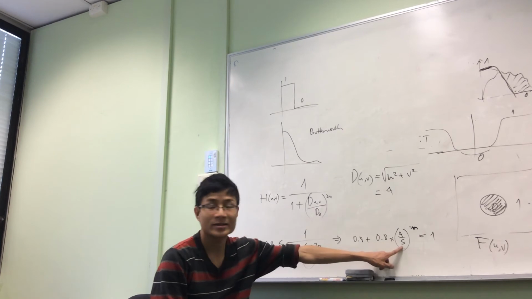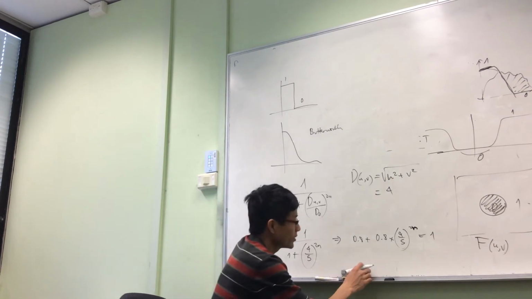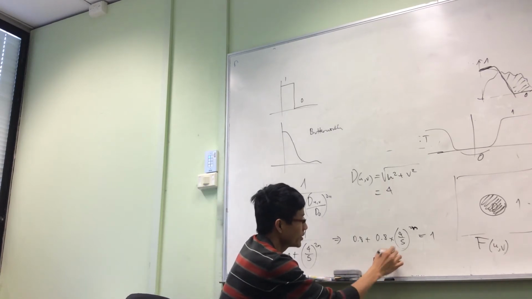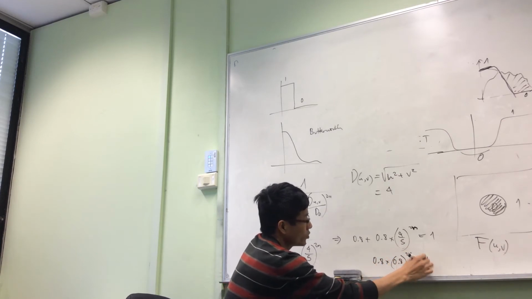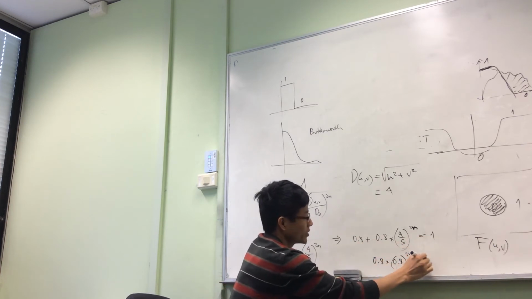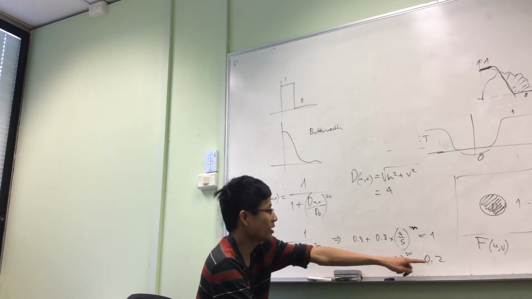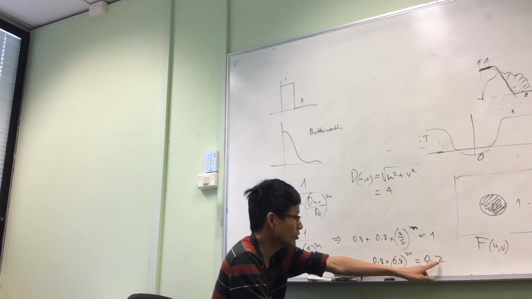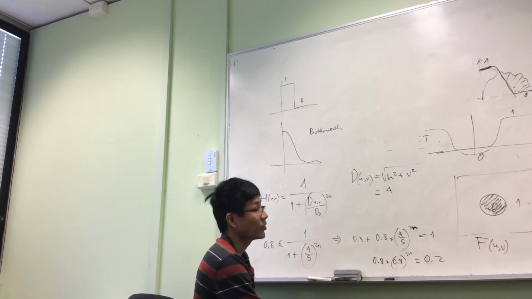Then you can calculate this. Take it to the other side, so it will be 0.2. So we get 0.8 to the power of 2n equal to 0.2.